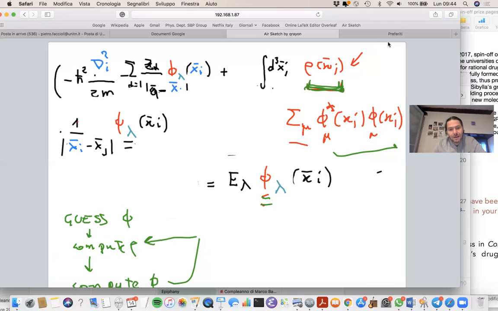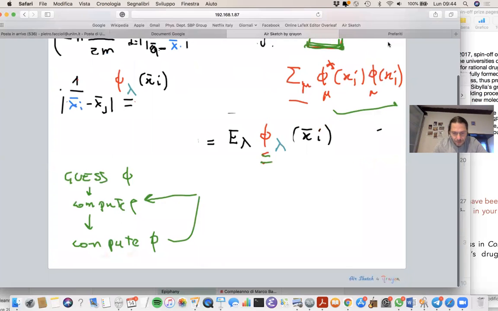And you go in a circle here, computing rho from phi, and then using this information to obtain phi, and then going back and recomputing rho and recomputing phi until the result doesn't change anymore. We call it convergence when this new phi that you obtain, and new rho, stop depending on the number of iterations. And that's where you stop.